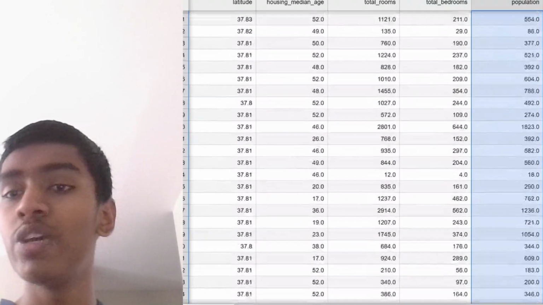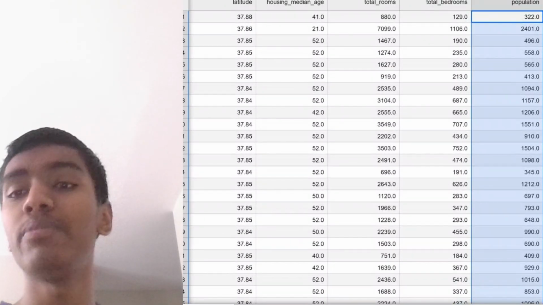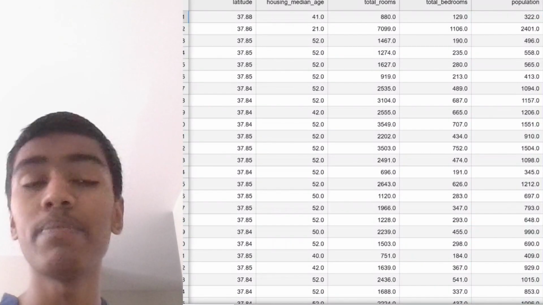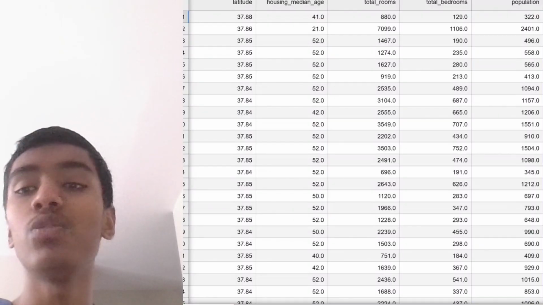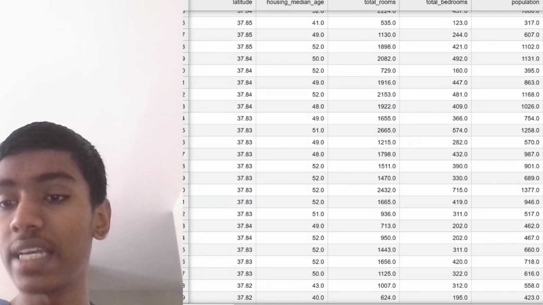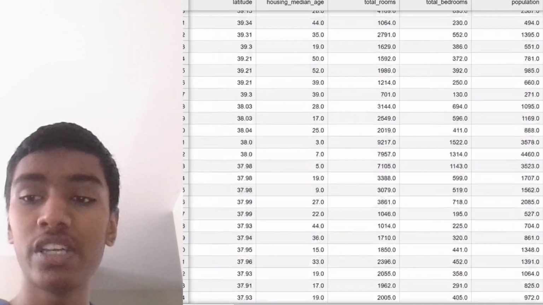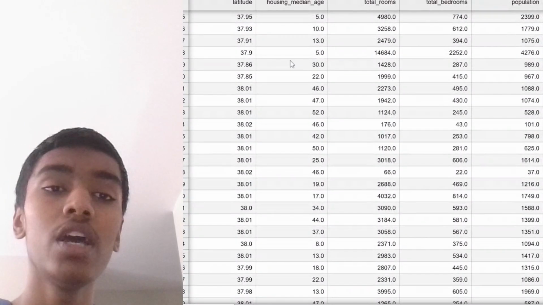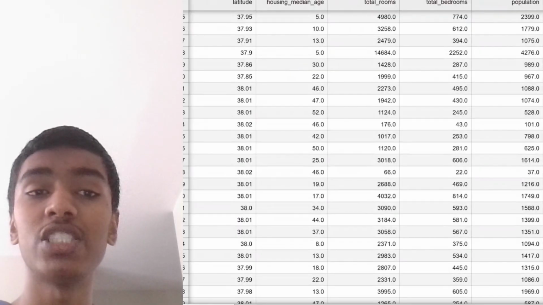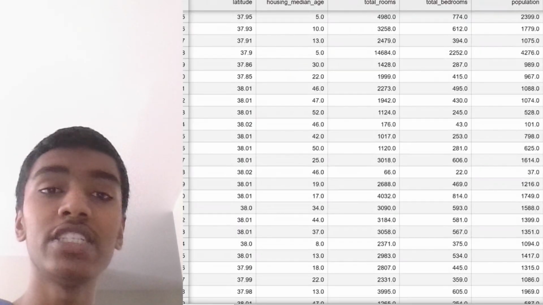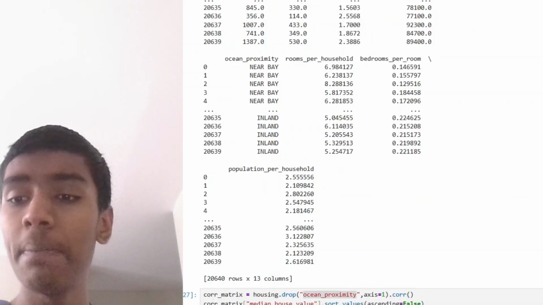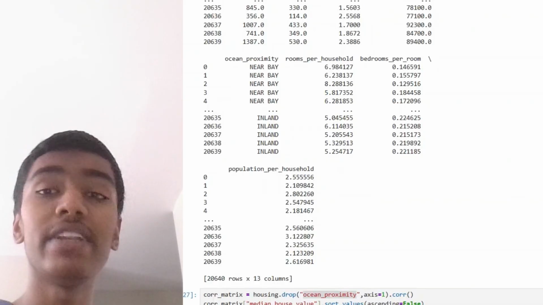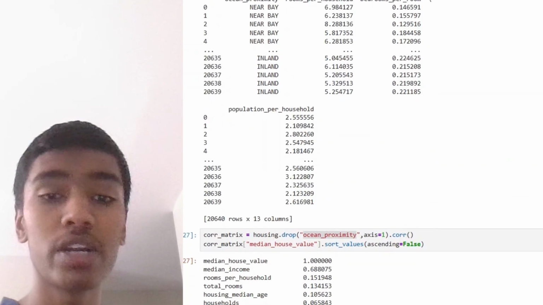If we wanted to assign this in a numerical way, maybe we could say near the bay can be assigned a value of 1, inland could be a value of 0, and less than 1 hour away from the ocean could be a value of -1. We could assign numerical attributes potentially and determine the correlation coefficient from there. But for now, we just have it in alphabetical letters, and so we're going to remove that.